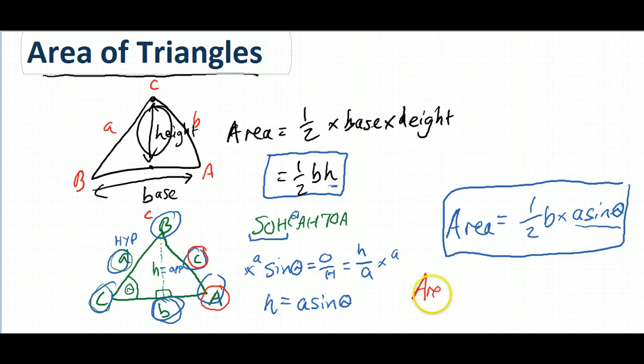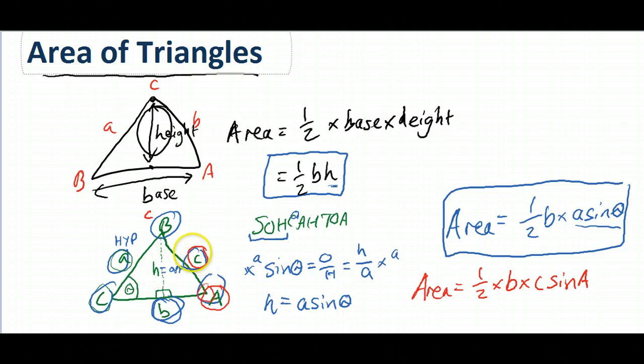We'd write area equals half times the base, which would still be B, and we'd multiply it this time by C sine A, which would be this angle here, because that's still going to give us the line down the middle, which would be the opposite.